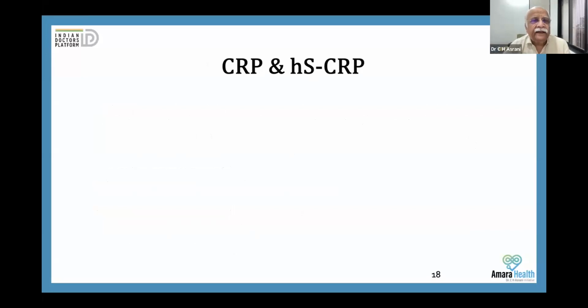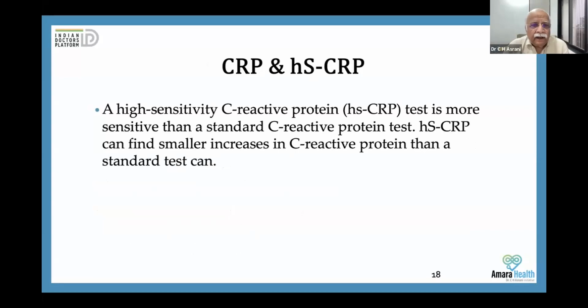Now we come to highly sensitive CRP. A high sensitivity C-reactive protein is more sensitive because, as the name suggests, it is highly sensitive. It can find a very small increase in C-reactive protein that a standard CRP cannot.